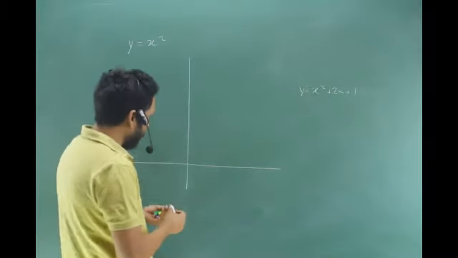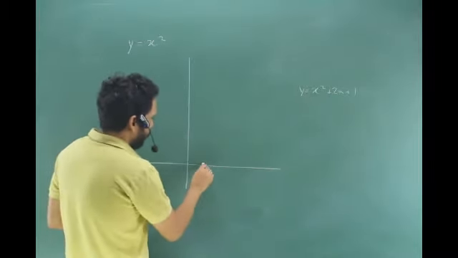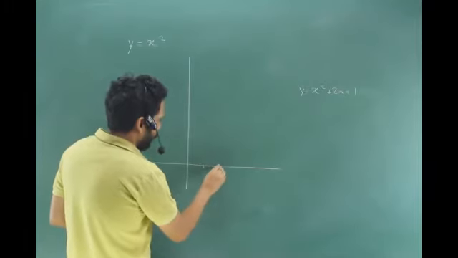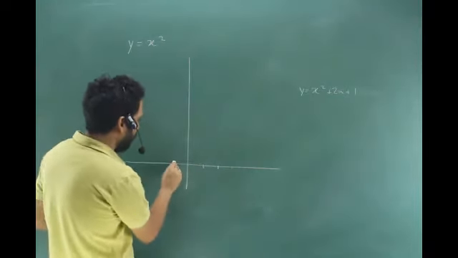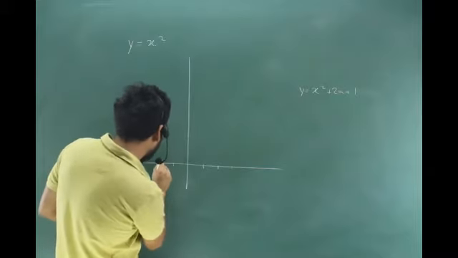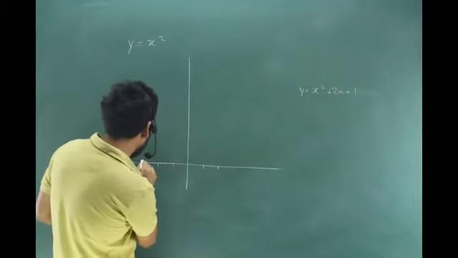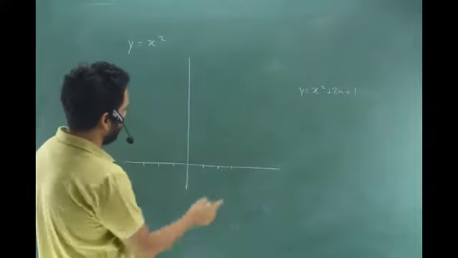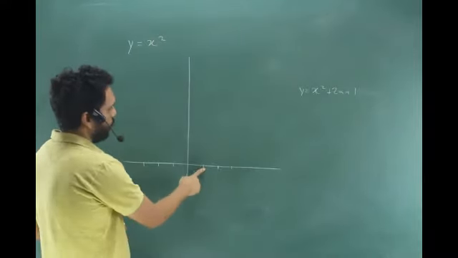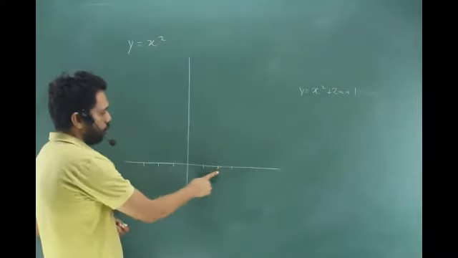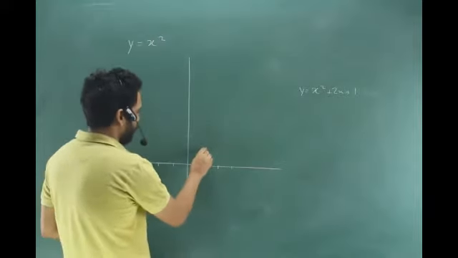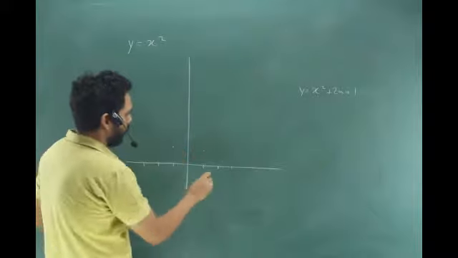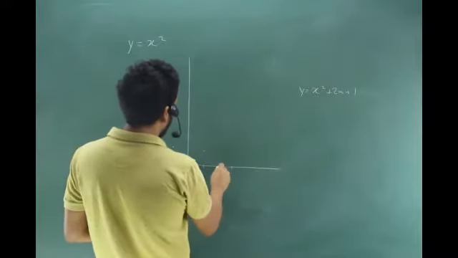Okay. So suppose I took x as 1, 2, 3 or minus 1, minus 2, minus 3. I'll get the same results, right? 1 square and minus 1 square, 2 square and minus 2 square, 3 square and minus 3 square. So 1 square comes over here. 2 square will come where?